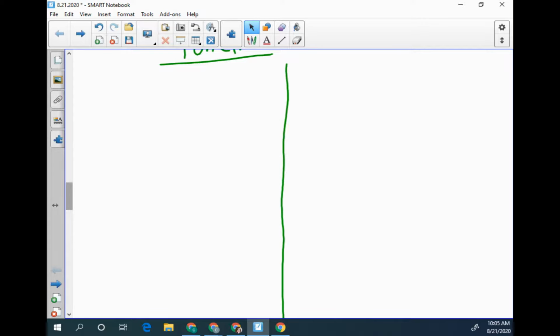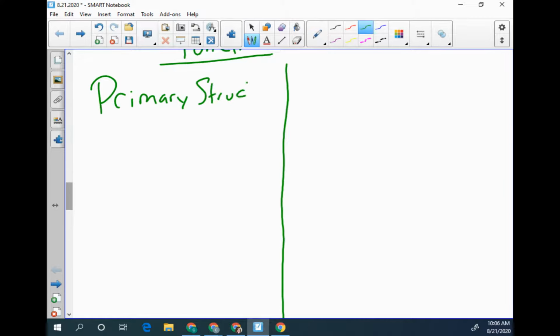There are 4 levels to protein structure. And we are going to talk about those 4 levels of protein structure, starting with our primary level. So our primary structure, the first thing that helps contribute to protein shape, is just the linear chain of amino acids.